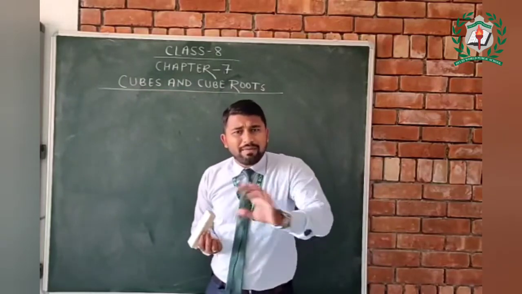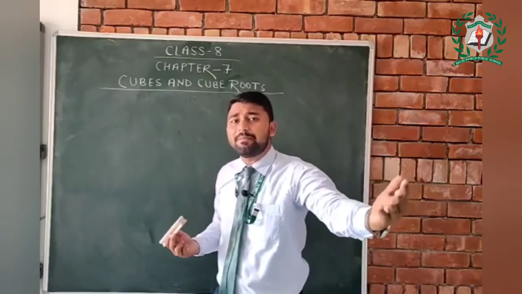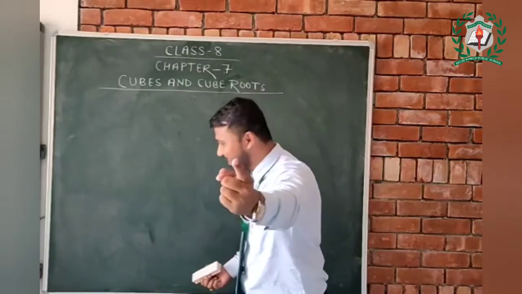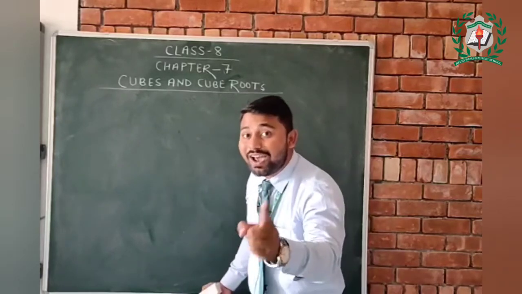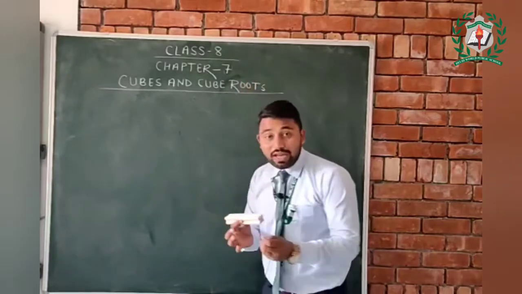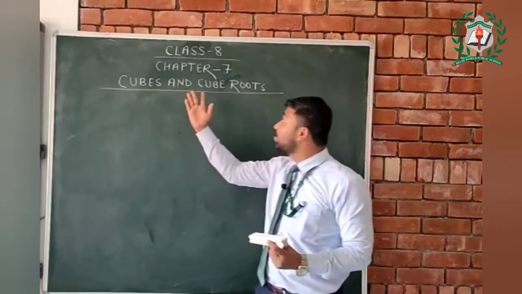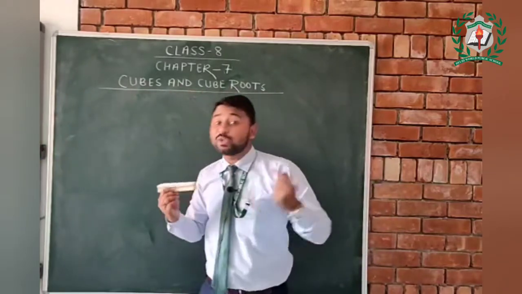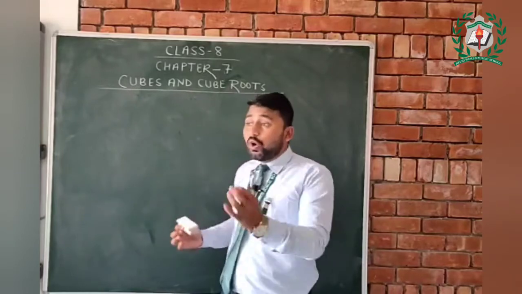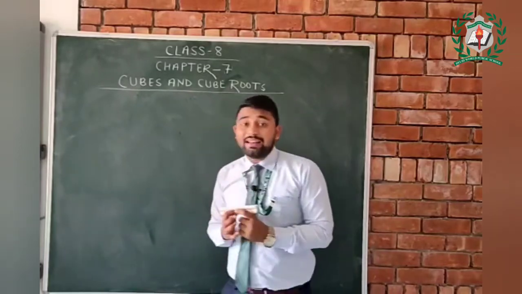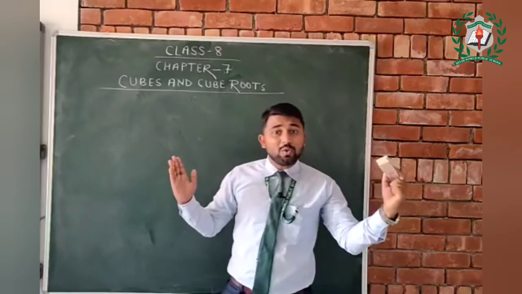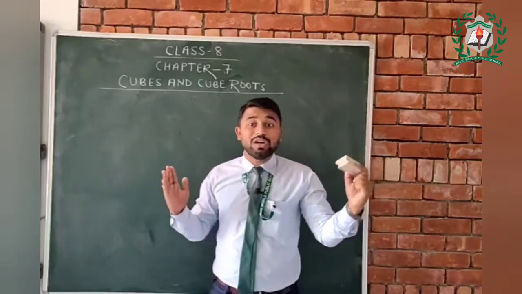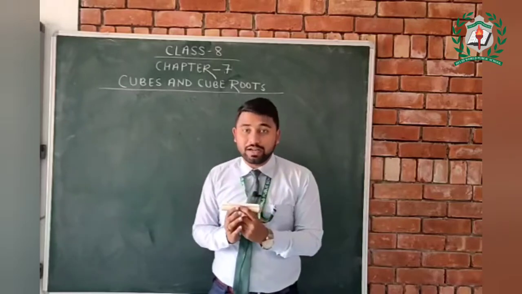Students, do you remember that we discussed square and square root in the previous chapter? Yes, very good. We told you that square and square root are completely related to each other.